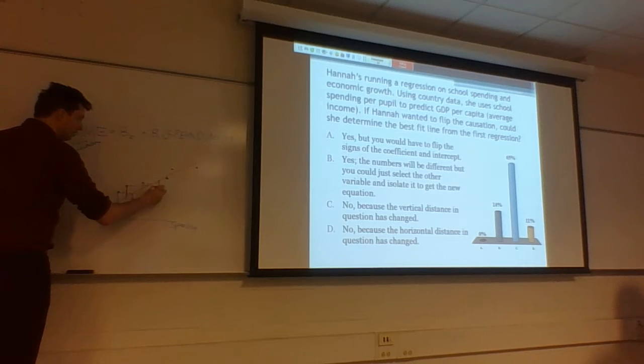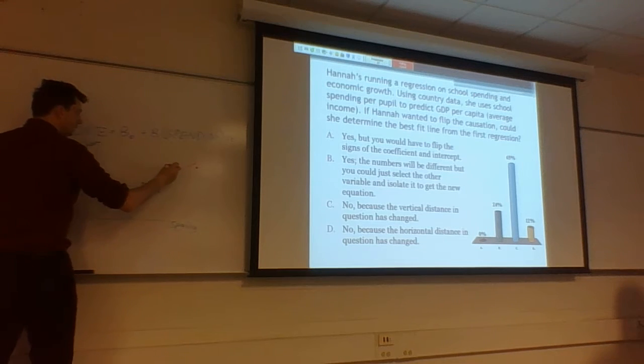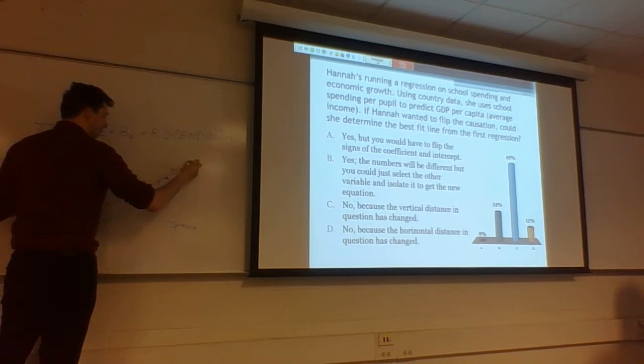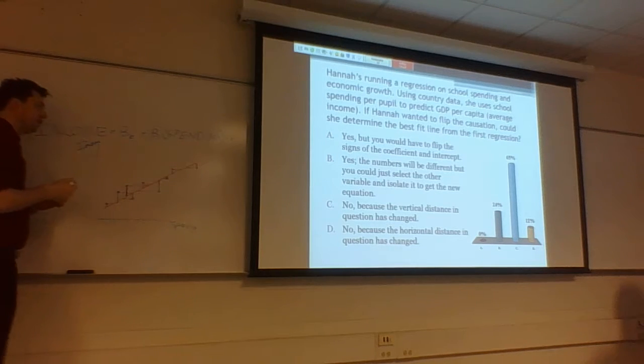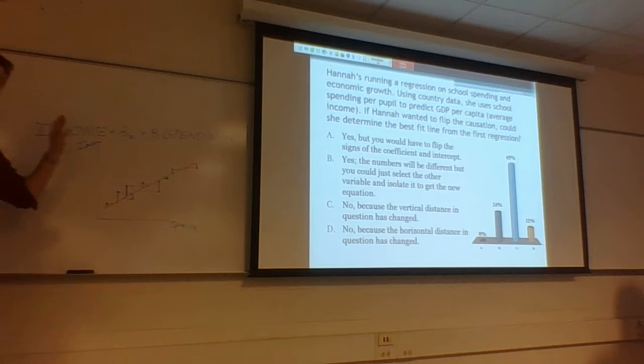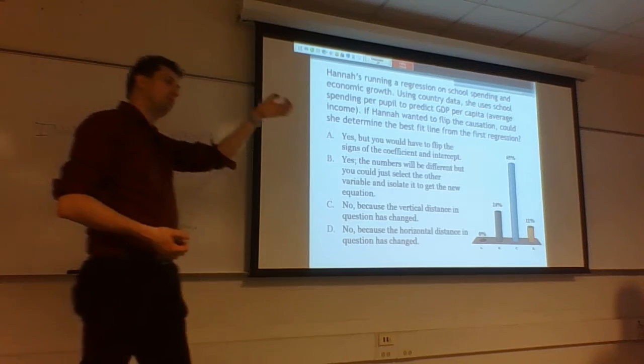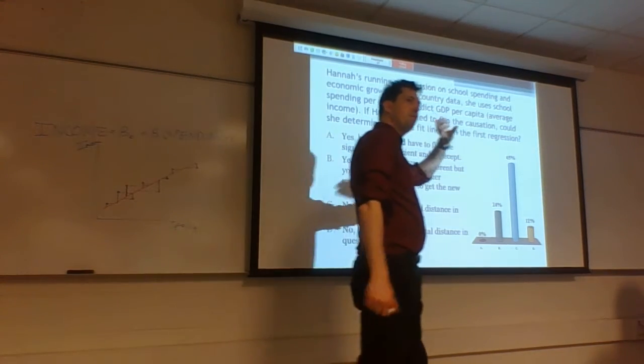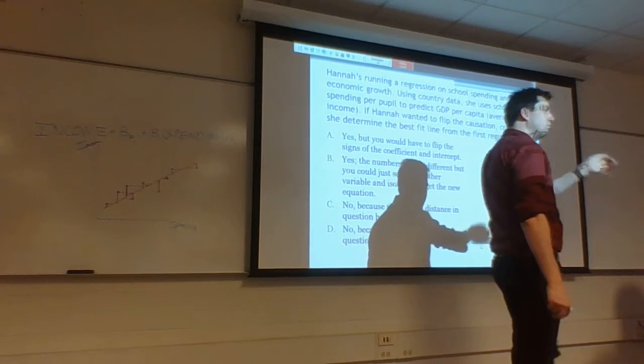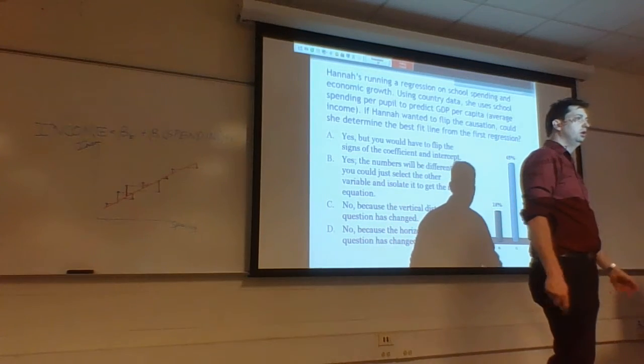And that would then necessitate a new line. And we saw that when we did the Rate My Professor data. When we had the causation run one way, you can see one observation was right on the line, but when we reversed that causation, that observation was no longer on the line.